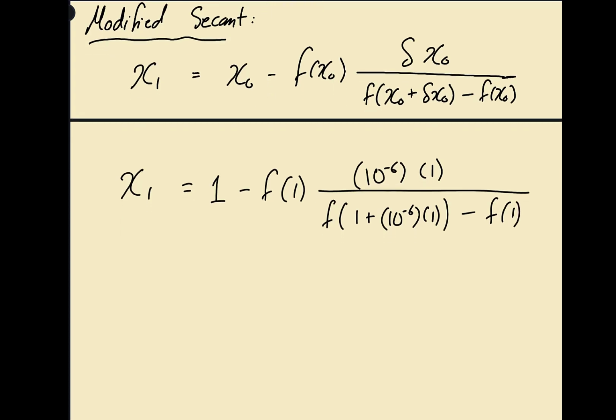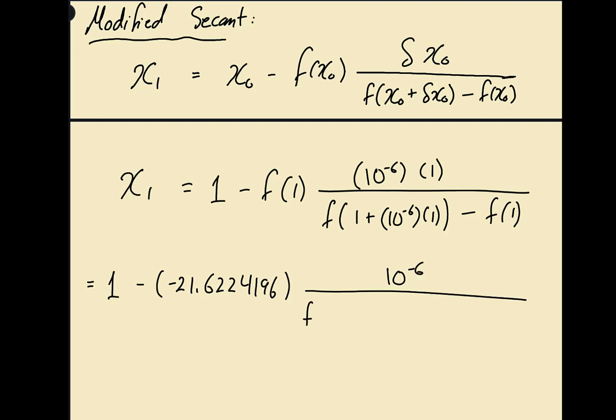I'll show you what the numbers are for the first iteration. So we're going to have 1 minus negative 21.6224196. Okay, here it's going to be 10 to the negative 6. Here it's going to be f with that small step size. So it's going to be negative 21.6224039. So you see the difference starts after the 4.